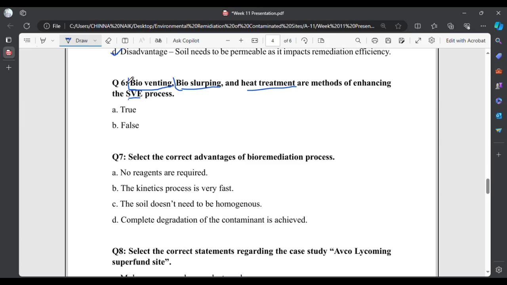These methods are related to bioremediation. Heat treatment may be required in soil vapor extraction, but bioventing and bioslurping are related to the bioremediation process, not soil vapor extraction. So the statement is false.